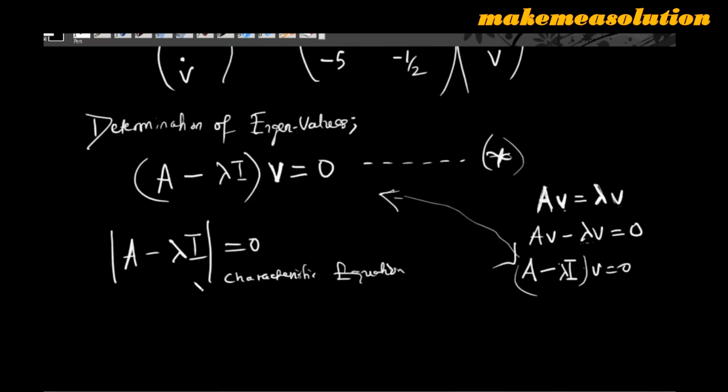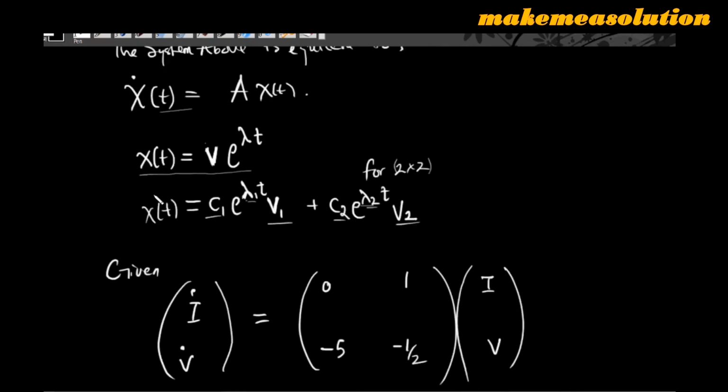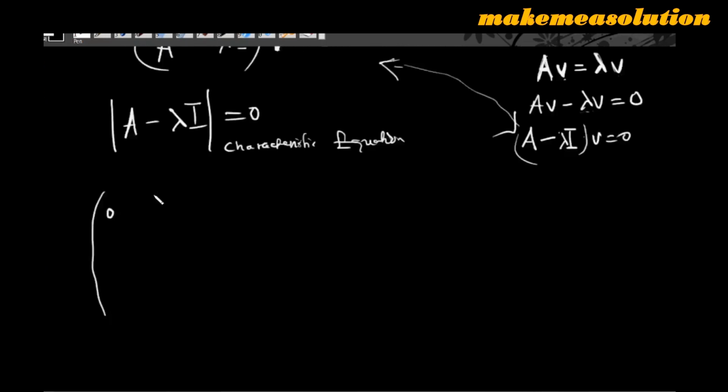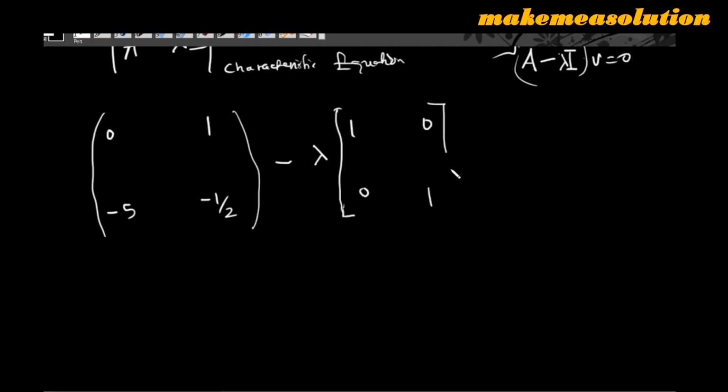So from this particular matrix, our A is actually given to us as 0, 1, then minus 5 and minus 1 over 2. Then minus lambda identity is going to be in this case 1 0 0 1. So you're solving this determinant and you're equating it to 0.